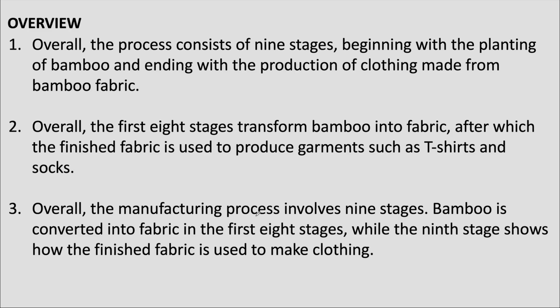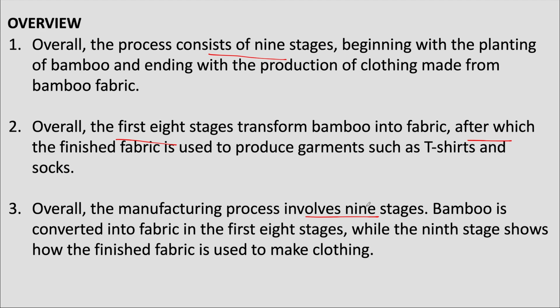Here are 3 different ways of writing the overview. All 3 are correct. You can use whichever one you prefer. Notice that we have expressed the same idea in different ways. Instead of saying there are 9 stages, we have written consists of 9 stages, the first 8 stages, after which something happens, and involves 9 stages.